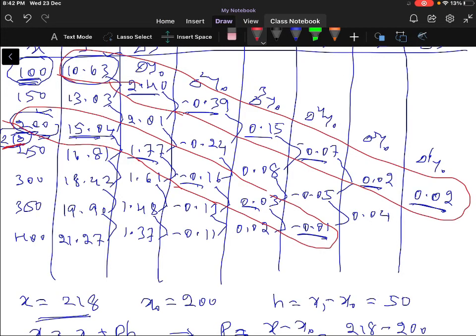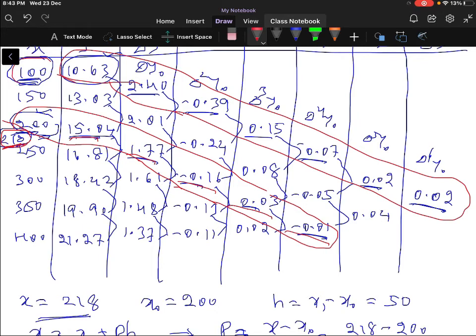Here we need to find the value of y at x equal to 218. The value x equal to 218 is near to 200. If I consider near to 200, we should take the leading differences 15.04, 1.77, minus 0.16, 0.03, minus 0.01.